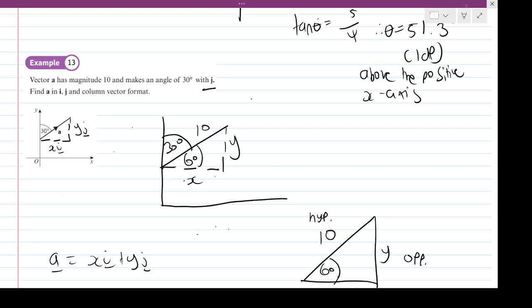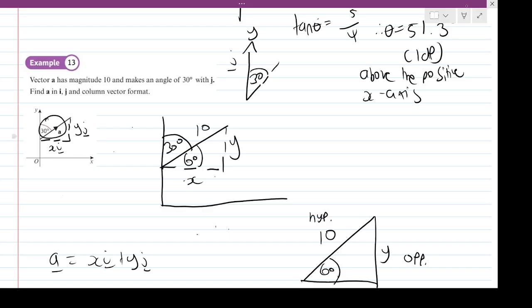But when we're dealing with vectors, it's the angle between two vectors. So they're a bit funny with it. But all you've got to remember with this sort of thing is that j represents the y-axis essentially, right? So an angle of 30 with j. This is effectively j, right? The j vector. It just goes straight up. That's the y-axis effectively, right? You can think of it like that. And then an angle of 30 would be there, okay?